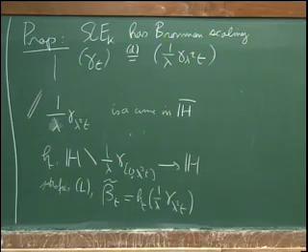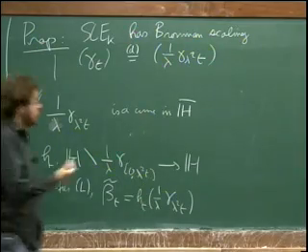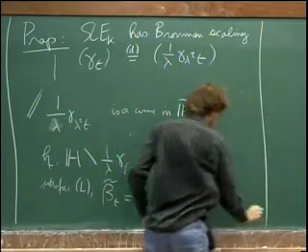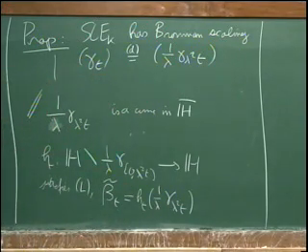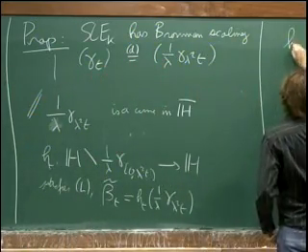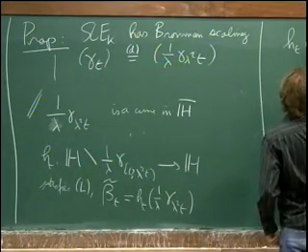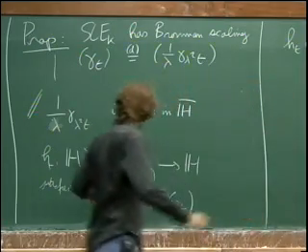Now, again, because of the scaling properties of conformal maps, h_t removes exactly this. So we know that h_t of z is given by... what do you do if you want to remove this?